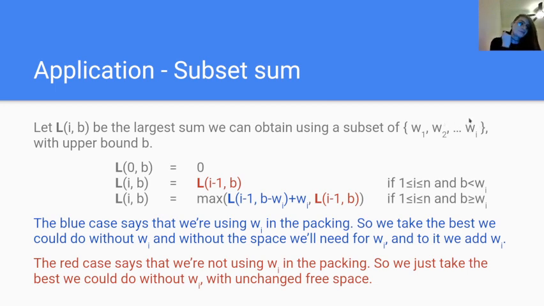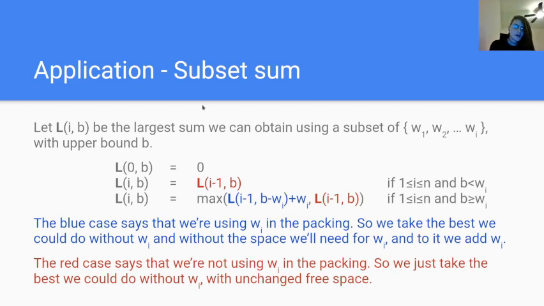We're only looking at the first i items for L of i comma b, and we're only trying to pack in up to an upper bound of lowercase b. This is a different number than the uppercase B, which was our ultimate bound that we're interested in. Let L of i comma b be the largest sum you can obtain using the first i items up to some upper bound lowercase b, which is going to be less than our capital B that we're ultimately interested in, or less than or equal to.